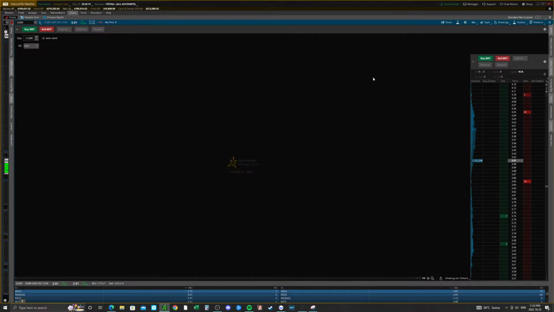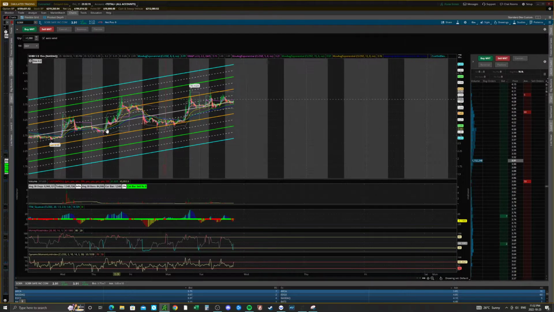Okay, so 15. And as you can see, obviously you can use this as support and resistance levels. And here it pretty clearly taps that level, gets rejected, and then here it taps that next dashed line, pulls back, right?